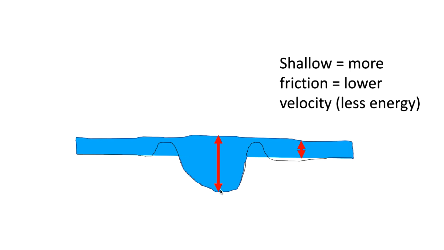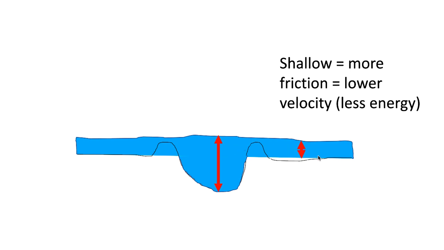Therefore, there is less friction, so the river has a lot of energy. We can tell it's got a lot of energy because it flows quickly. In geography, we use the word velocity to talk about the speed of water. So in the river channel, there is less friction, so the river has a high velocity.